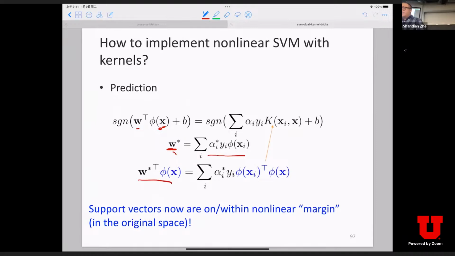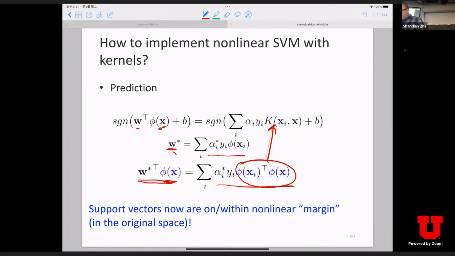We see again that w star transpose phi(x) for the test feature vector will be just a weighted summation of the dot product between the mapped feature vector for each training example and the mapped feature vector for the test example, right? And again, this can be replaced by the kernel function.